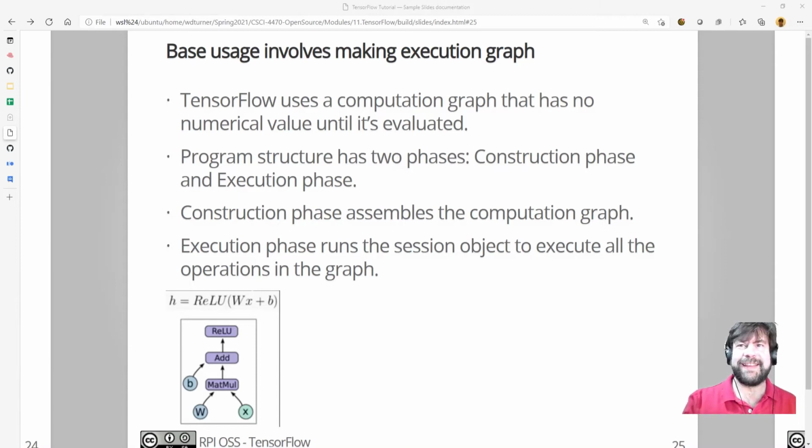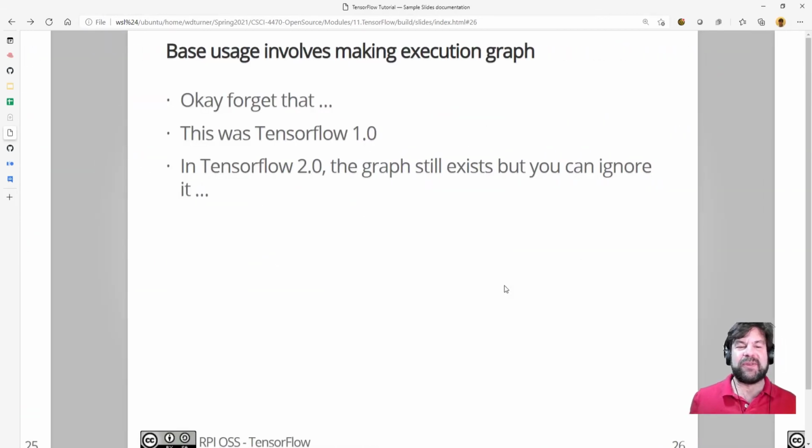But what they found out was that most people weren't really interested in doing research on optimizing TensorFlow. They just wanted to use TensorFlow. So these things that allowed the engineers to go in and tune TensorFlow and make it effective, experiment with parallelism, etc., turned out to be confusing to people who were actually just trying to use TensorFlow.